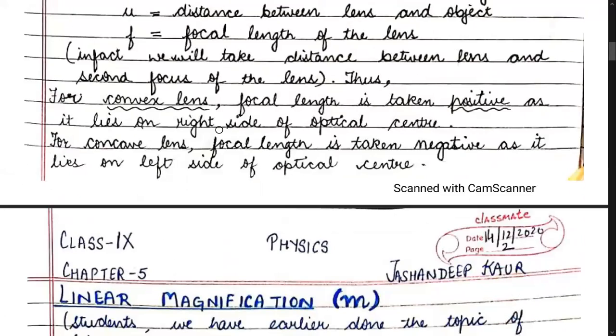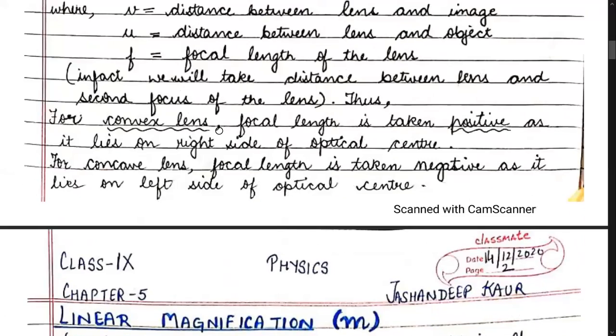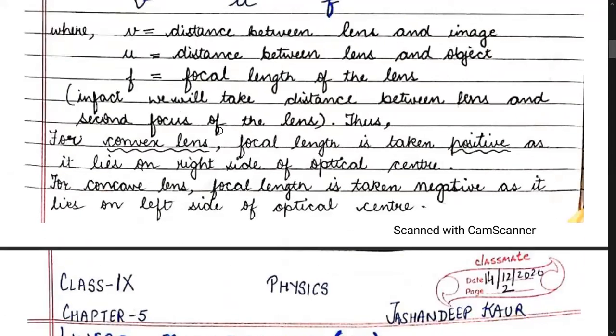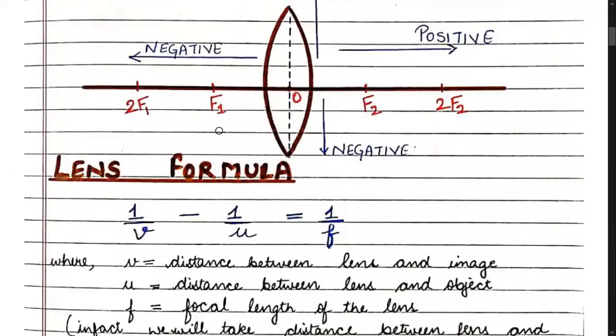For a convex lens, the focal length is taken to be positive, as it lies on the right side of the optical center. Students, in case of a lens, as we discussed last week, the focal length has to be taken between the optical center and the second focus.